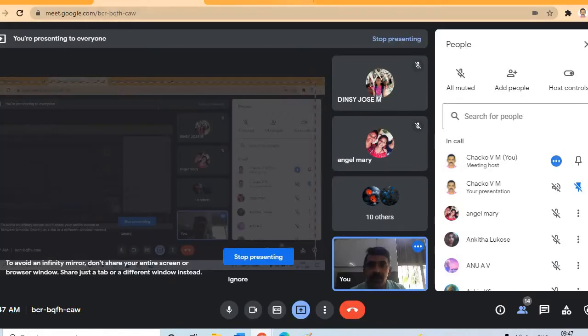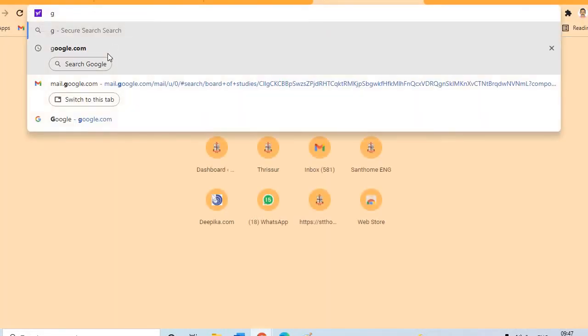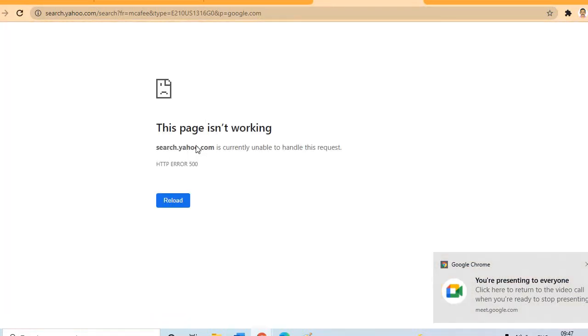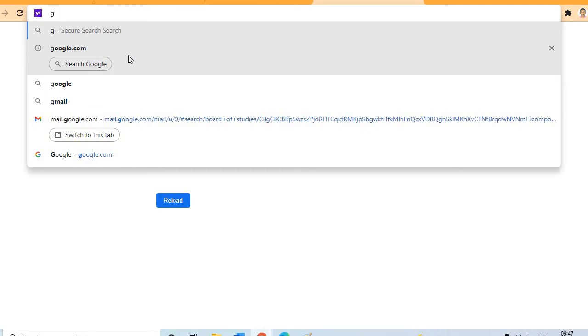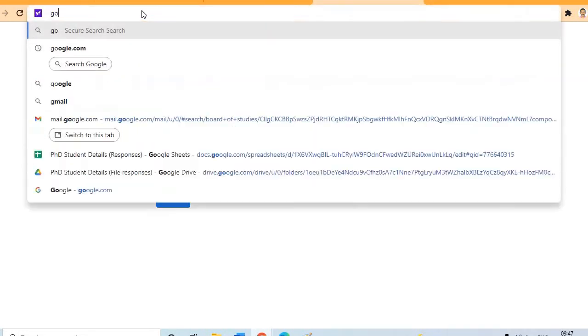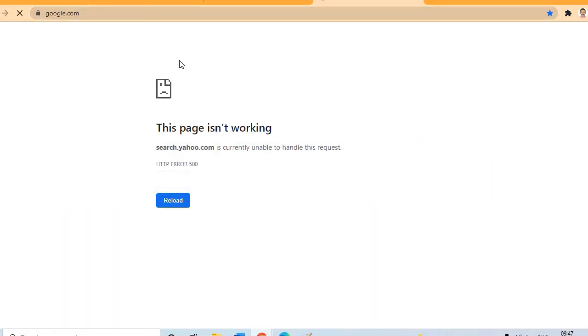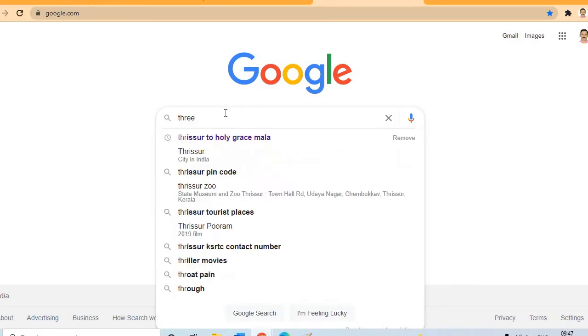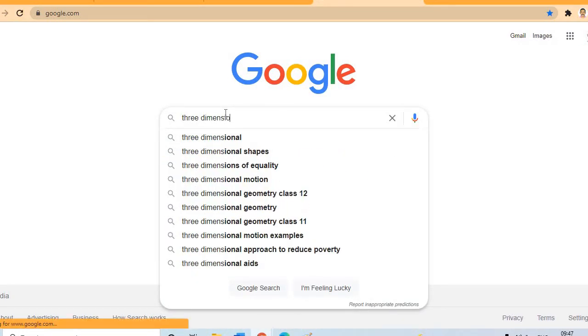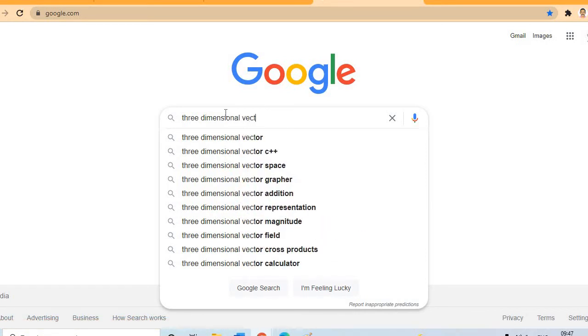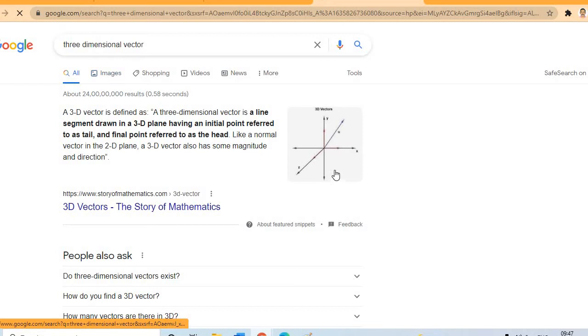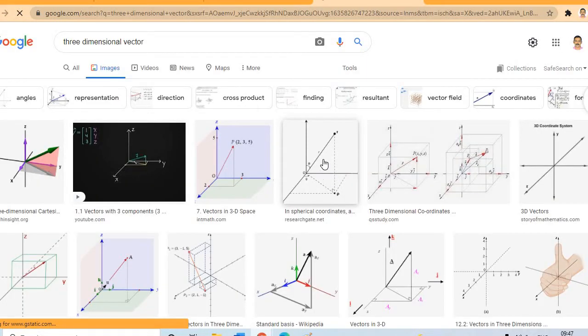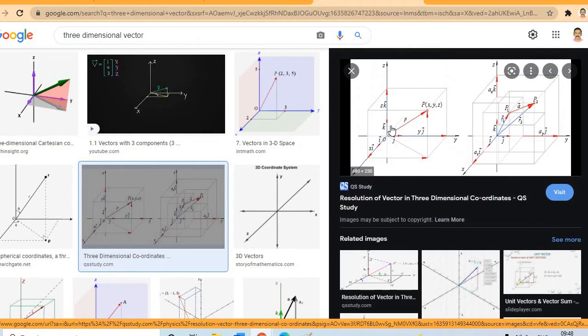So I will show some 3-dimensional figures. Here we can see the 3-dimensional figure.